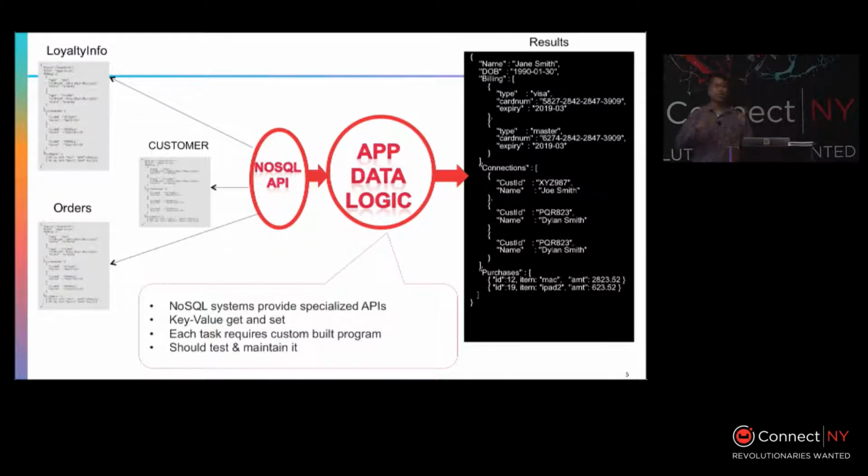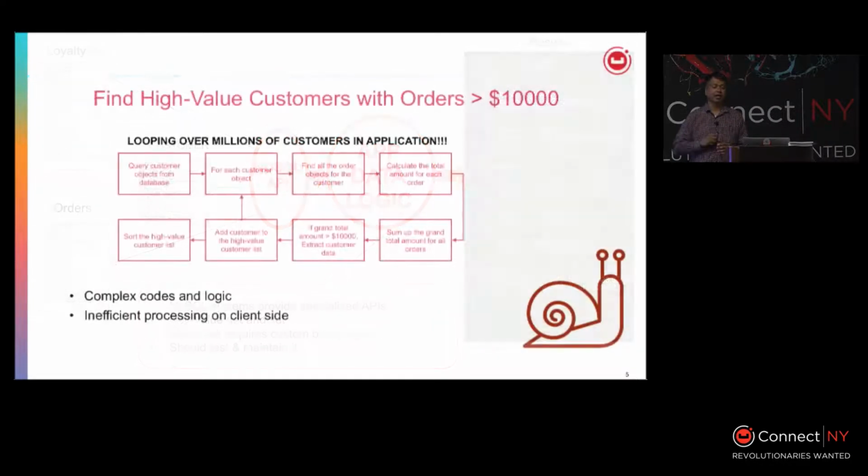But in NoSQL, you have to write all this application logic to achieve the same task you did in SQL. For example, find high-value customers with orders greater than $10,000. This is not an easy task if you have to write it in an API-based NoSQL database.